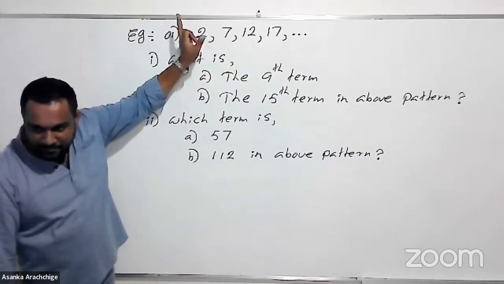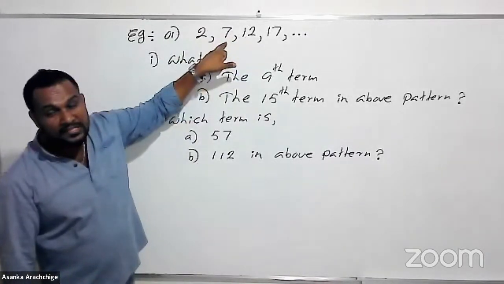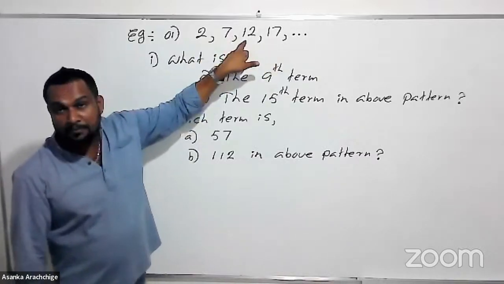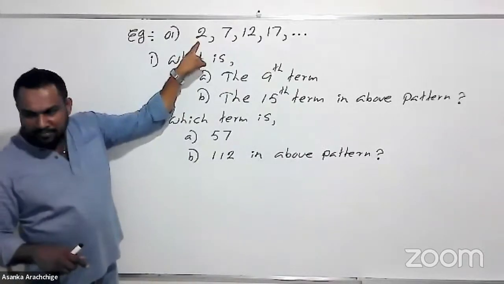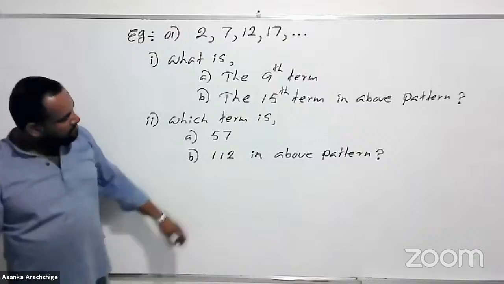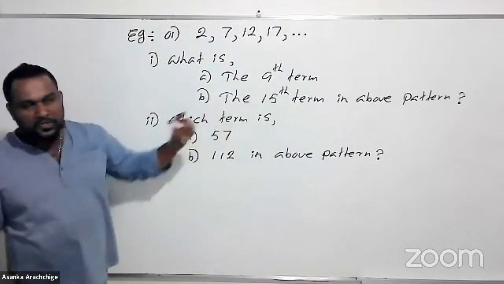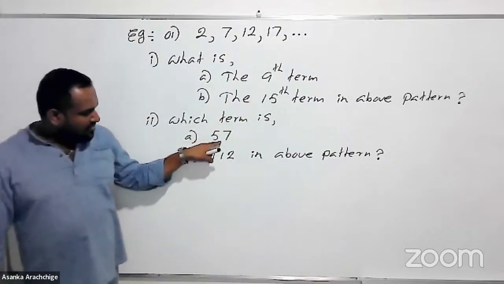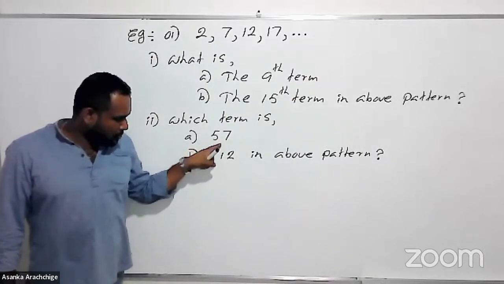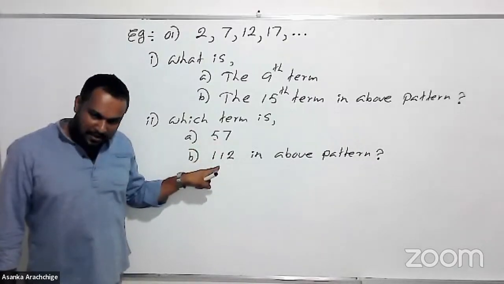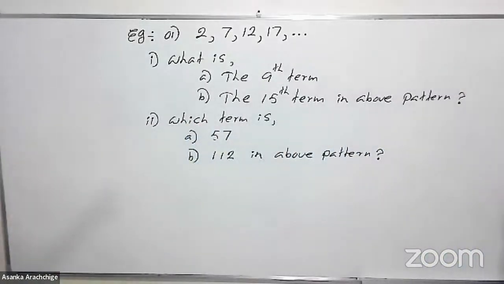What is that common gap? 7 minus 2, 5. 12 minus 7, 5. 17 minus 12, 5. Now you know A is 2, D is 5. First you have to find the 9th term, then the 15th term. In the second part, you have to find the positions of these two terms, 57 and 112.